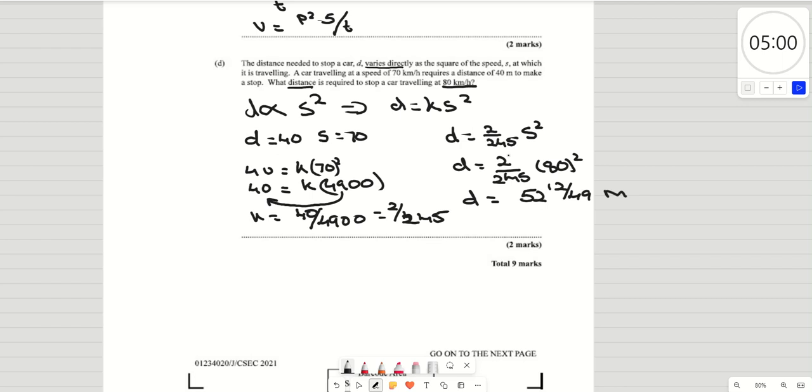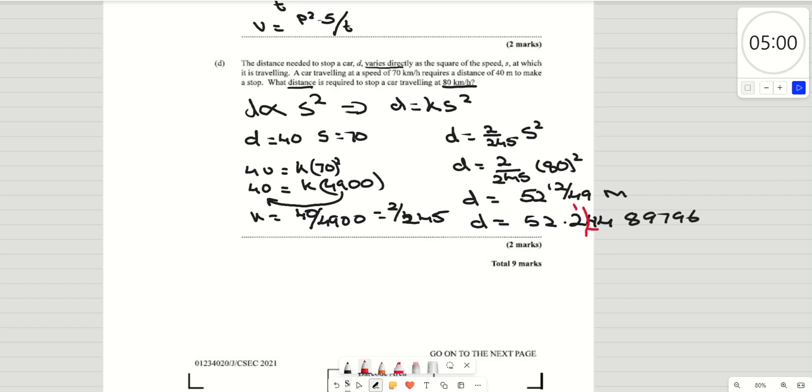However, you can leave it like this, or you can put it into one decimal place, because CSEC requires you to approximate it to one decimal place. You press in your calculator, there's an ABC button. When you have your answer like this, press ABC and you'll get 52.244899796.